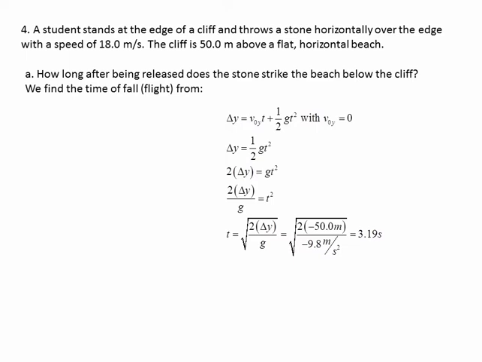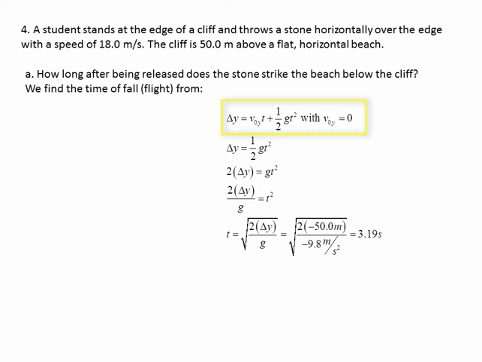So we look through our toolbox of relationships, and since we're looking for the vertical component, that of the y direction, what we're going to do is choose a relationship that has a distance in the y direction that we can calculate, and use the fact that we know that the initial velocity in the y direction is 0.